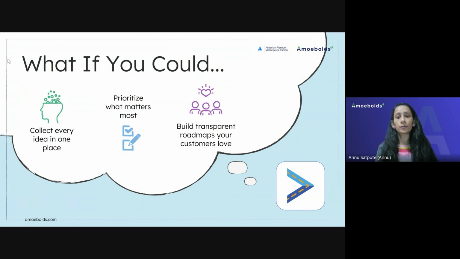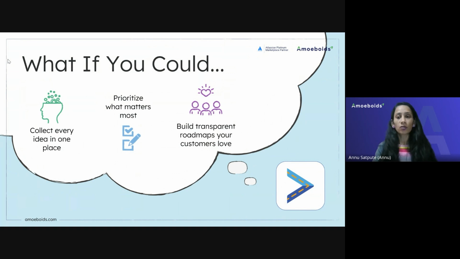What if you could build a transparent roadmap that is not just helping you to stay aligned and collaborate with your internal teams, but is also loved by customers, because you are creating that transparency between you and customers?